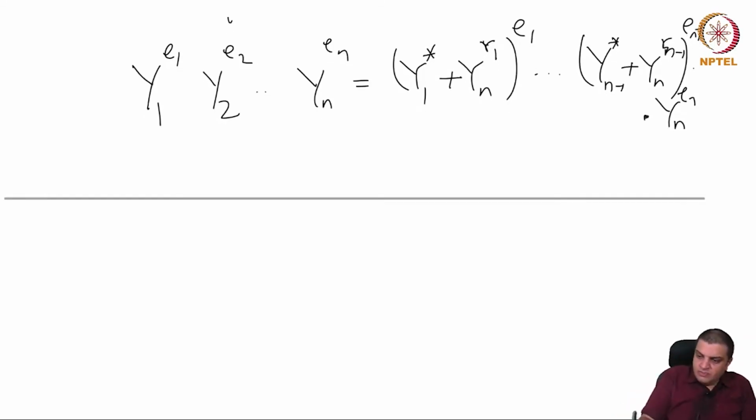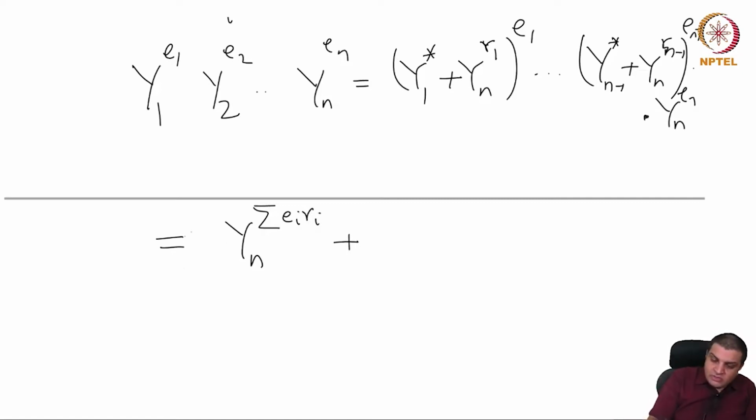Okay. So this will have a term. This monomial itself will have a term which looks like yn to the (e1 r1 plus ... plus e(n-1) r(n-1) plus en).